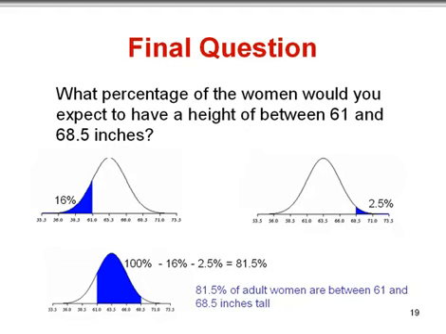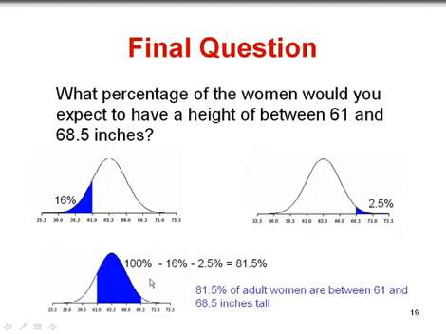Perhaps the easiest way to handle this is to ask ourselves which women are left out. They would be the women that are shorter than 61 or taller than 68.5. We know both of these percentages. Shorter than 61 is 16%, and taller than 68.5 is 2.5%.